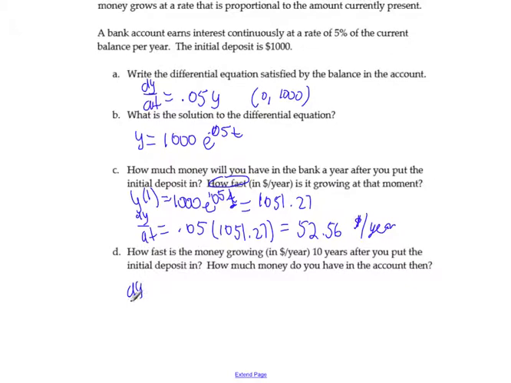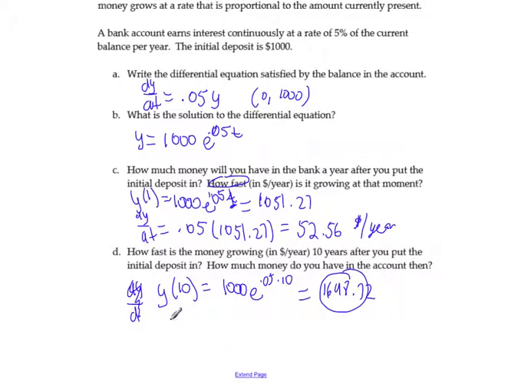So I'm going to go y at 10 is going to be 1,000 e to the 0.05 times 10. And that will be 1648.72.